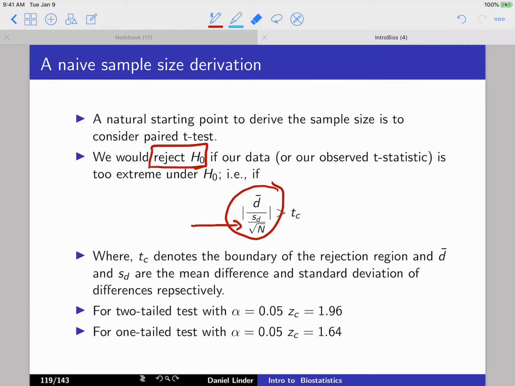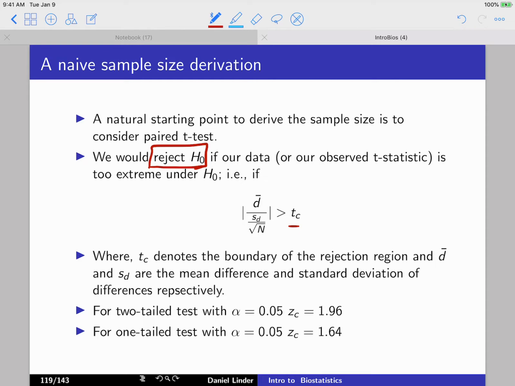I've changed a little of the notation from your book because I don't think it's technically accurate. They write t sub alpha, but depending on whether you're doing a one-tailed or two-tailed test, sometimes it'll be t alpha, and for a two-tailed test it would be t alpha over 2. So I'm being general here.